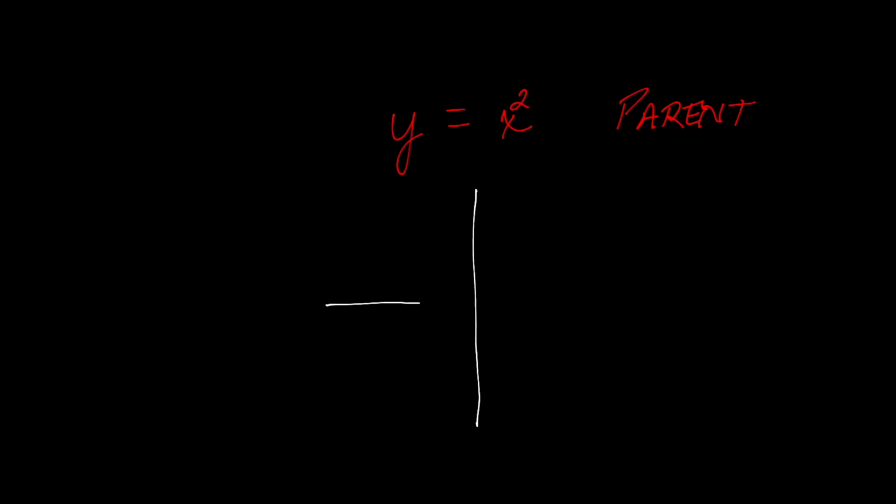Here's my x and y. I guess I could label those. And then this graph, the parent function, looks like this. It's a parabola. So that's a little shaky, but this is the parent function for y equals x squared, or f of x equals x squared.